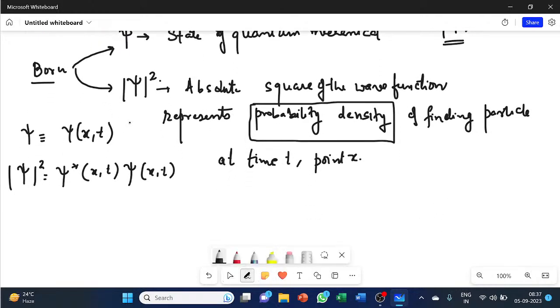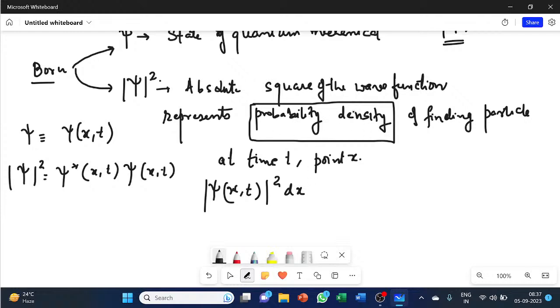And let's say if I use the same thing in terms of momentum space, so this is probability density. If I want to write the probability of finding the particle, I'm going to write it this way. Density means what?